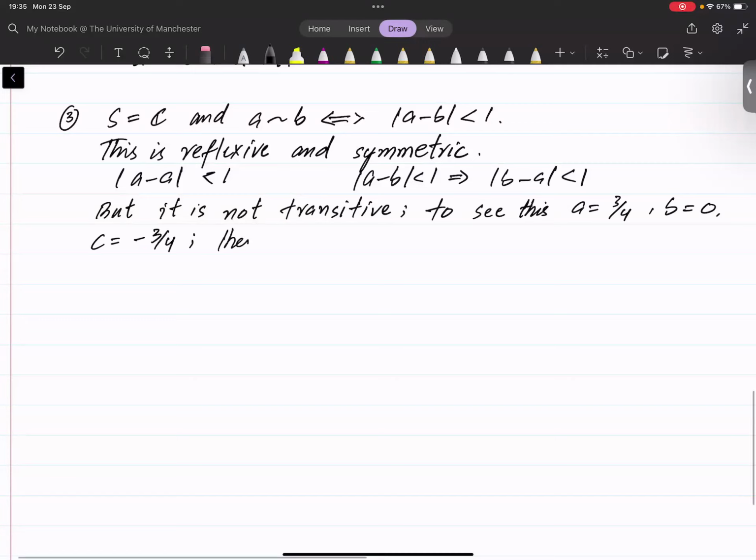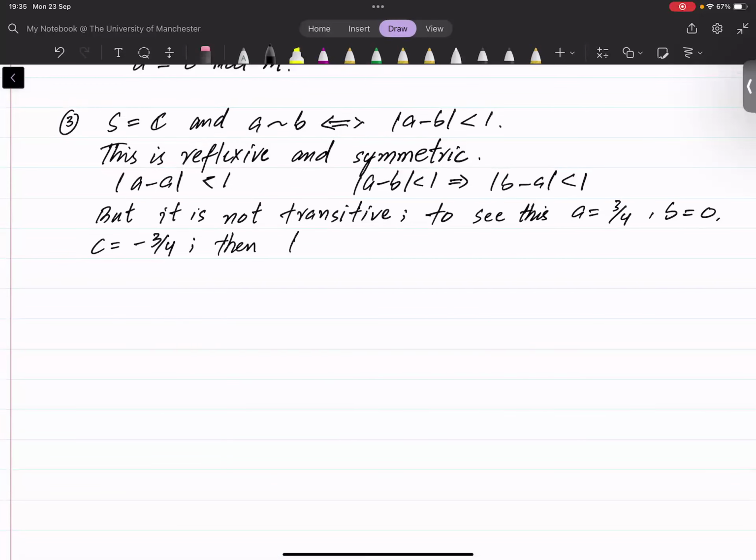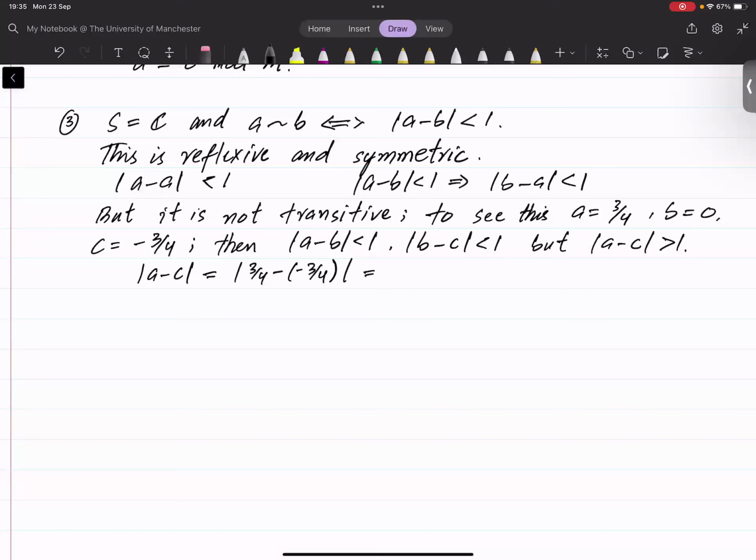Then mod of A minus B is less than 1, and mod of B minus C is also less than 1. But mod of A minus C is greater than 1. Why? Because mod of A minus C is 3/4 minus minus 3/4, which is 3/4 plus 3/4, which is greater than 1. So it is not transitive.